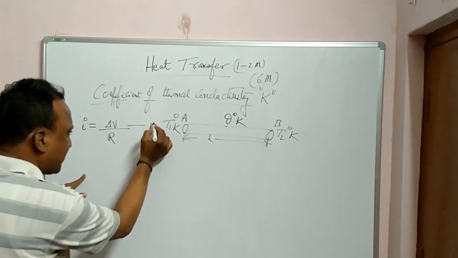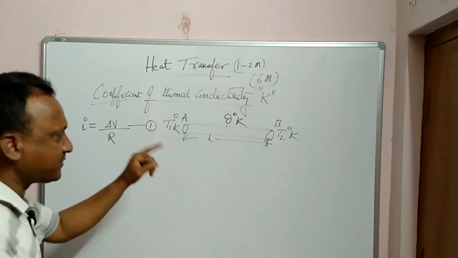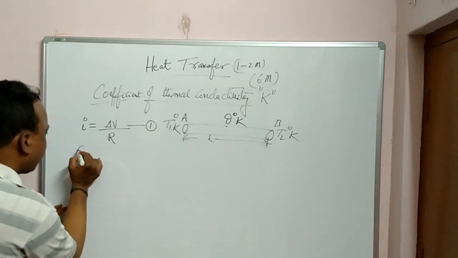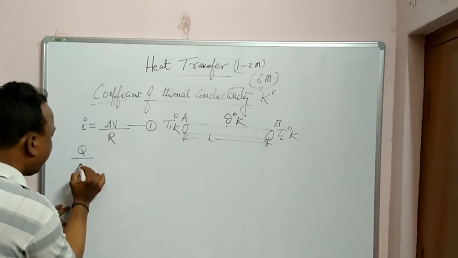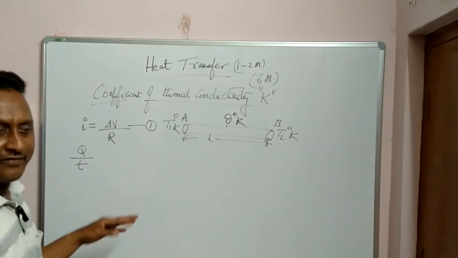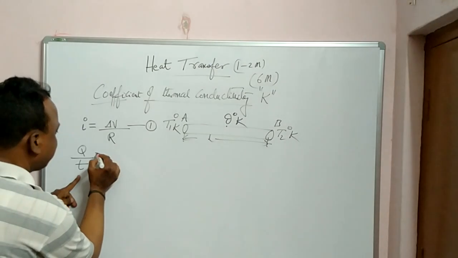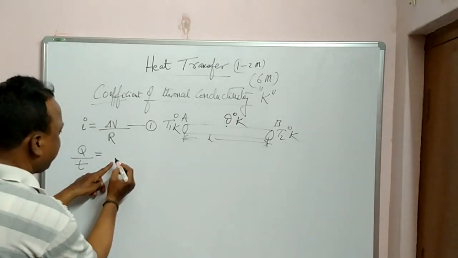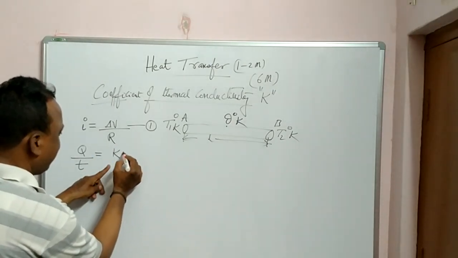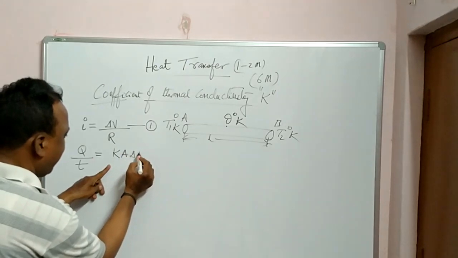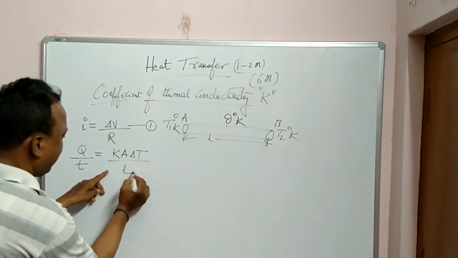In the same fashion, here also, what is meant by heat current? Heat current means rate of flow of heat, which is also called power. Rate of flow of heat is equal to, as I already gave the equation, K A delta T by L, isn't it?